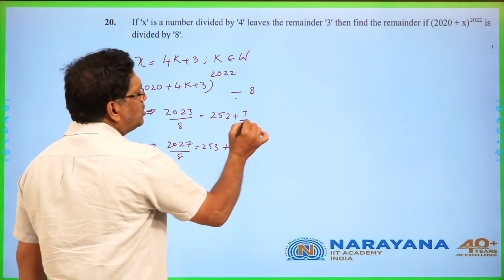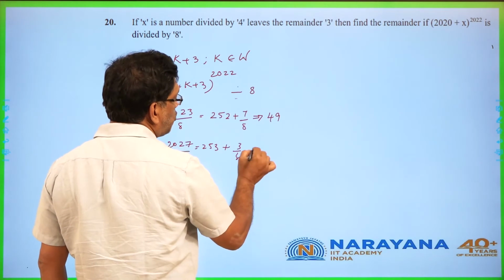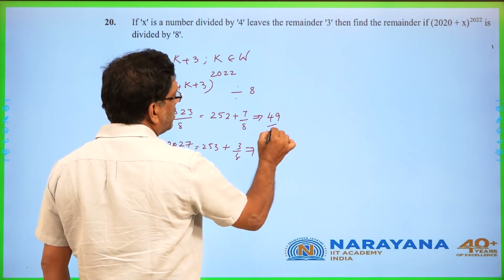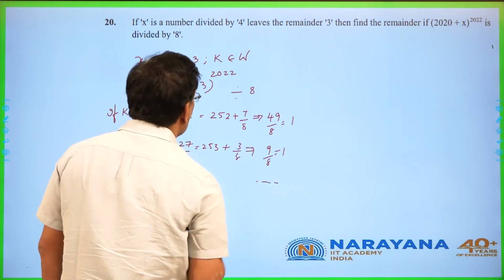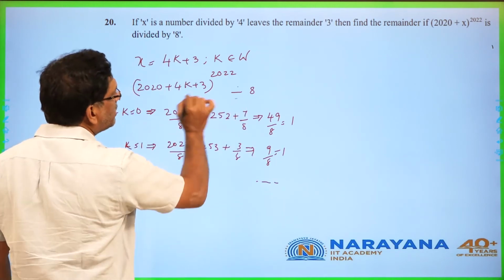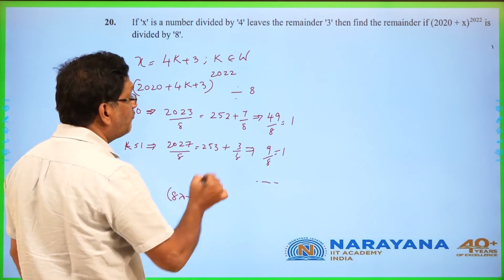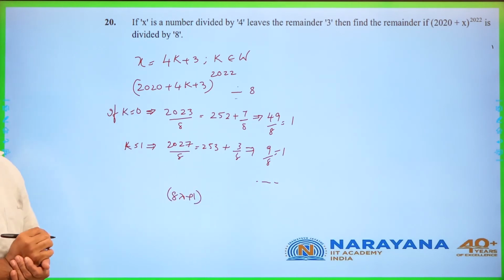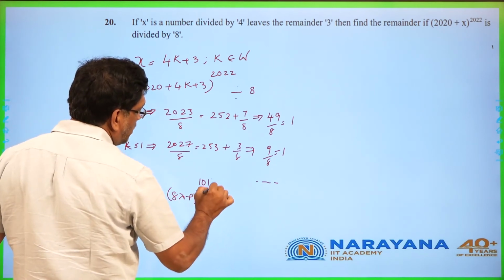If you observe, 7 squared will give you 49, and this is 9. When you divide by 8, remainder 1, and so on. So this is nothing but in the form of 8 lambda plus 1. When you square it, of course, to the power of 1011.